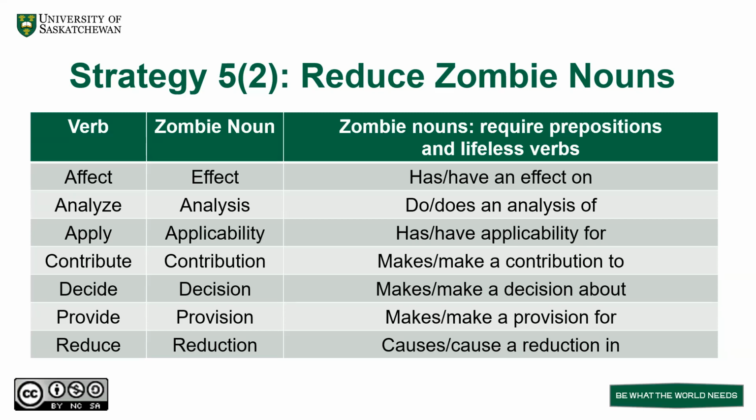And it's not to say that you can't ever use nominalization, but if you're doing it, it should be done deliberately. So making use of verbs will just have a stronger impact in terms of readability.